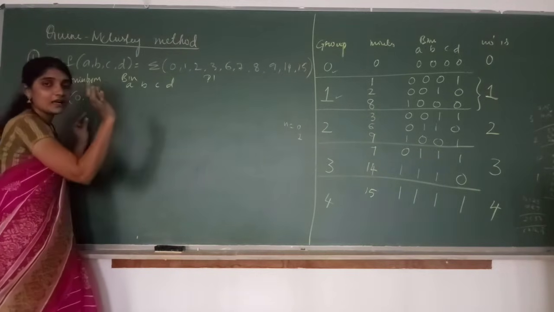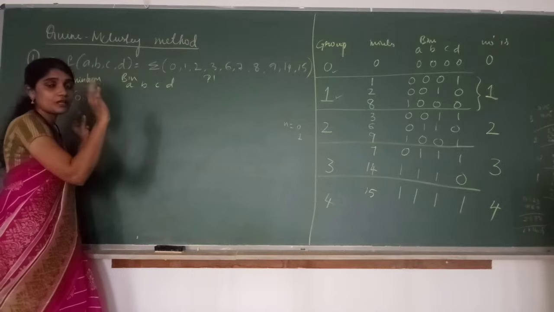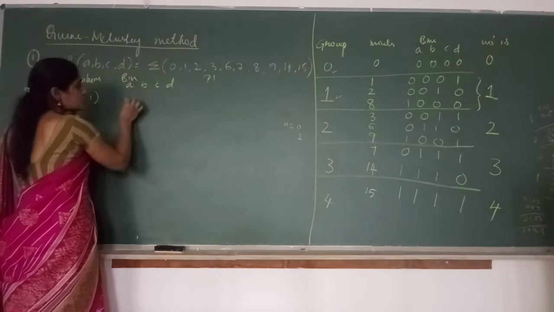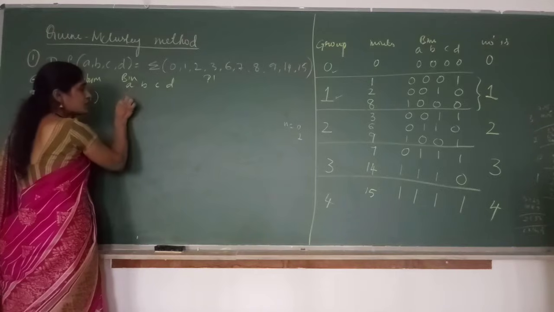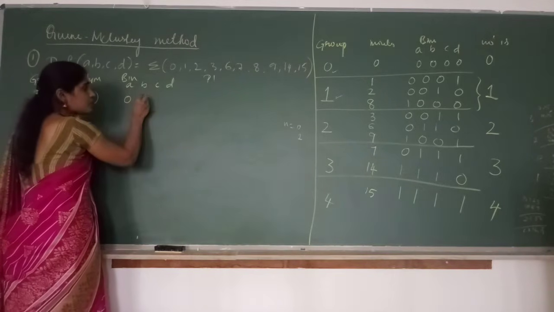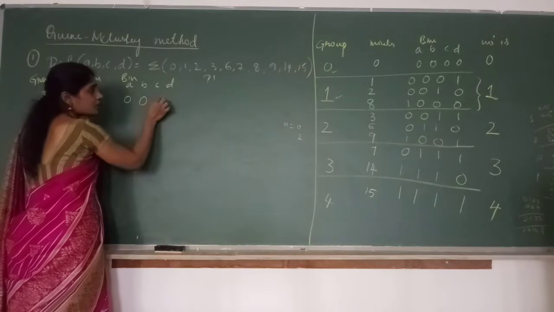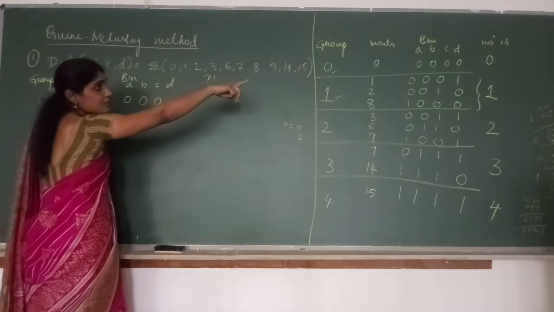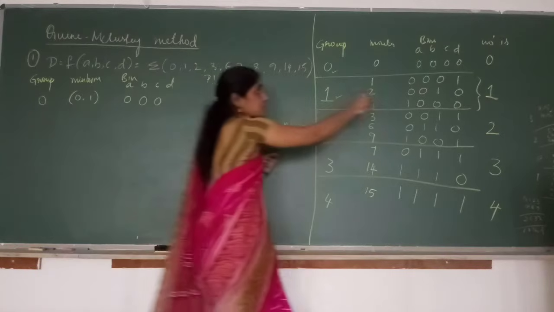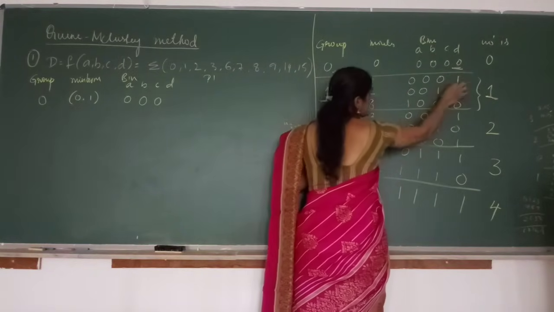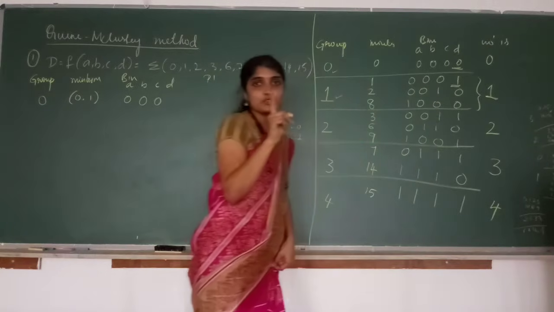That will not make a group. Those min terms cannot be combined. If I combine 0 with 1, what is A for both 0 and 1? 0. What is B for both? 0. What is C for both? 0. But what is D for 0? It is 0. What is D for 1? It is 1. So they differ in one position.